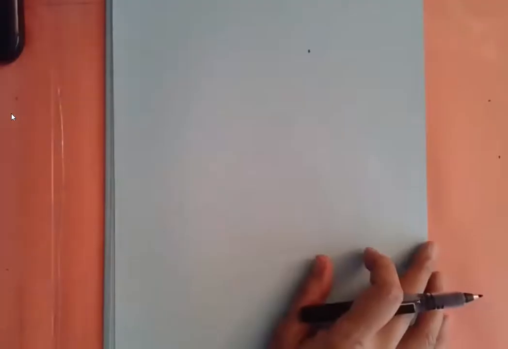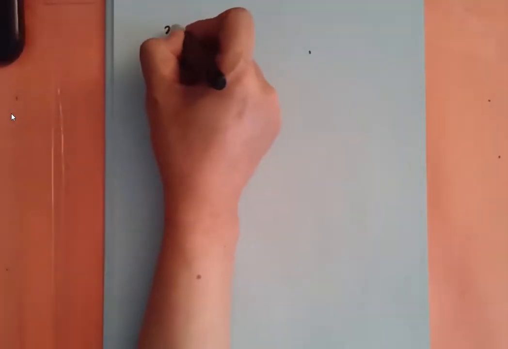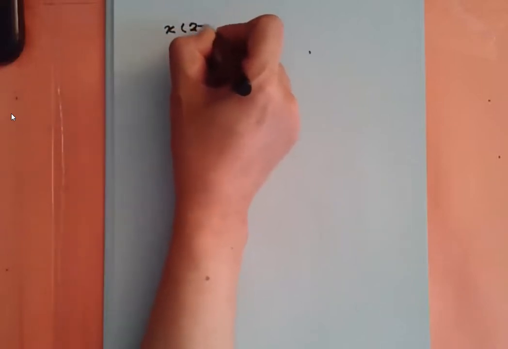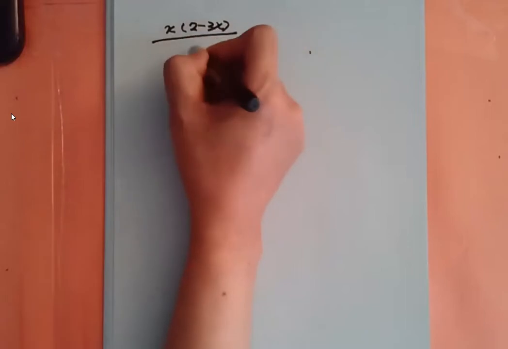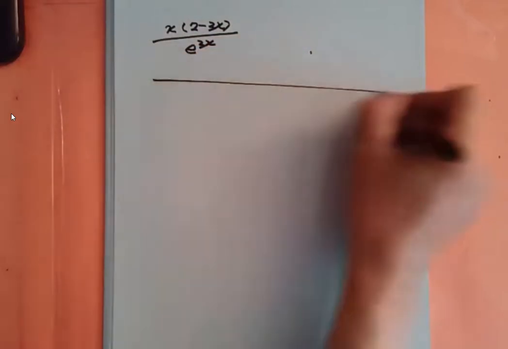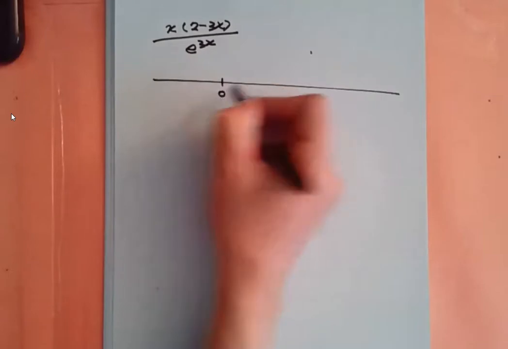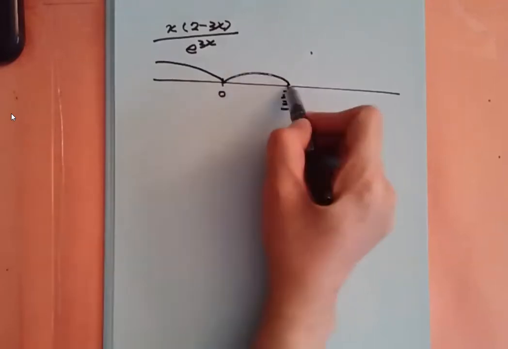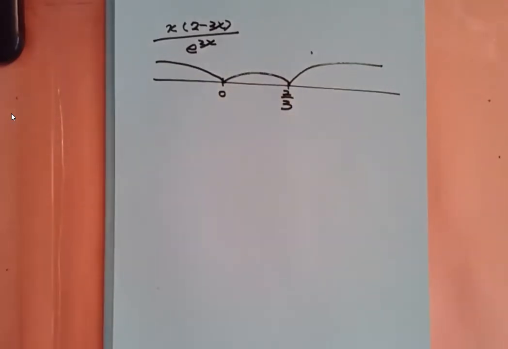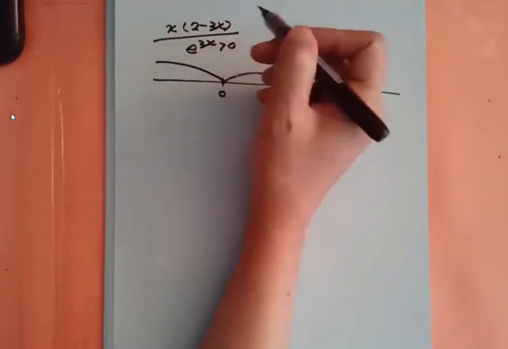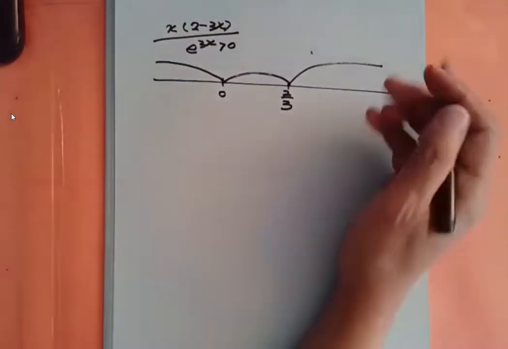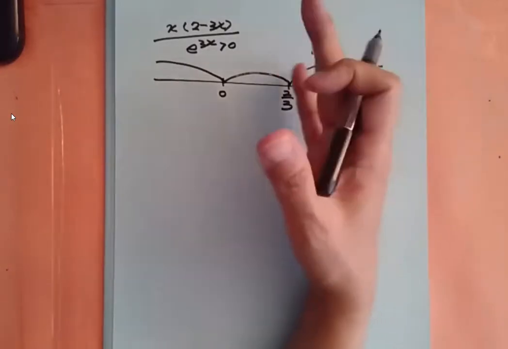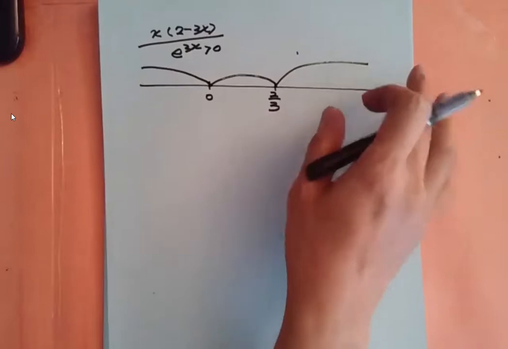So what we are thinking about is the sign of this fraction, x times 2 minus 3x over e to the 3x. And then this is 0, and this is 2/3, and there are intervals like this. And I said this denominator is always positive, and the question mark is whether this region becomes negative.